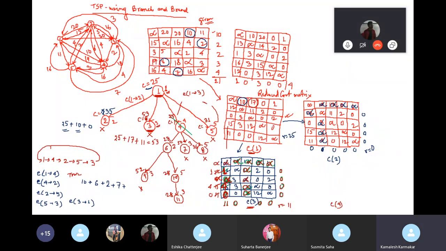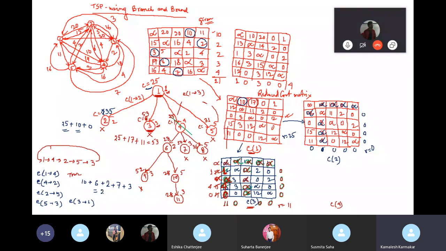And vertex 3 to 1, this cost is 3. So 10 plus 6 is 16, plus 2 is 18, plus 7 plus 3.